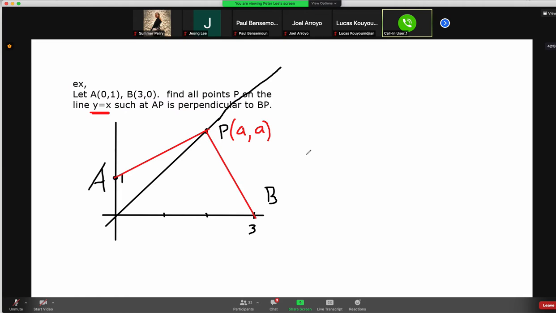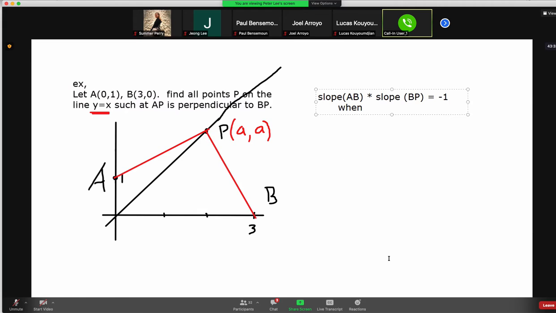And then now you can apply the same theorem. You can say slope of AP times the slope of BP equals -1. However, this only works when a is not 0 and a is not 3.